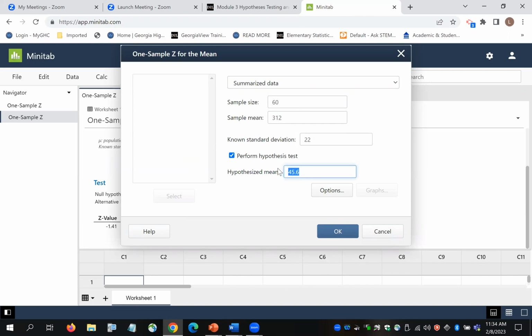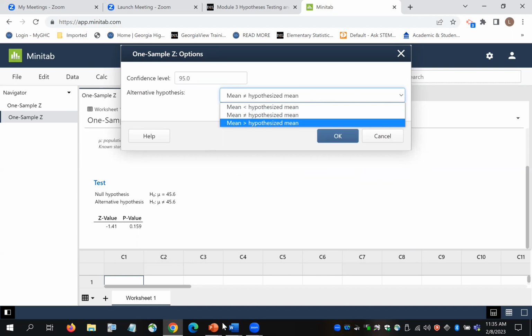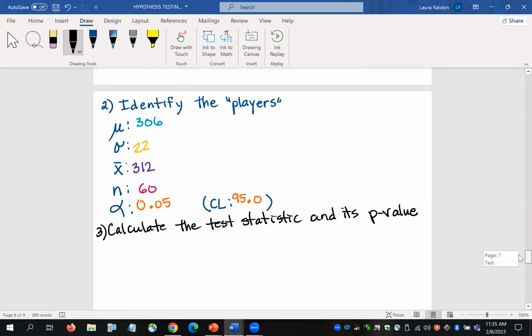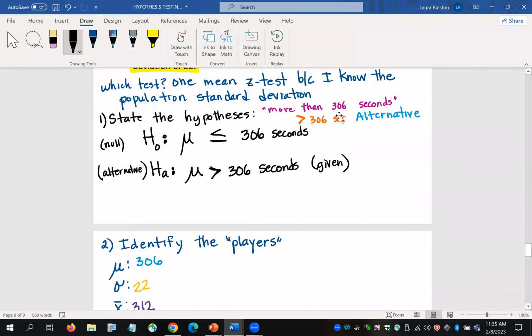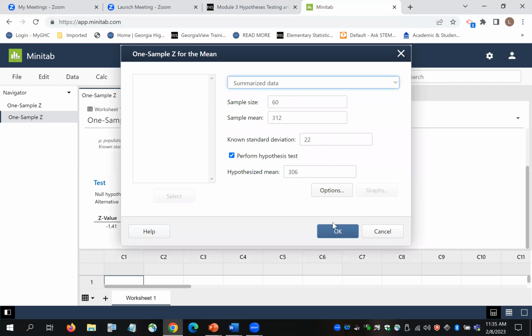We are doing a hypothesis test. We hypothesized it was more than 306. My confidence level is 95. And I'll double check it, but I believe we said more than. Okay, so the alternative is greater than. So I choose the greater than symbol. I click OK.